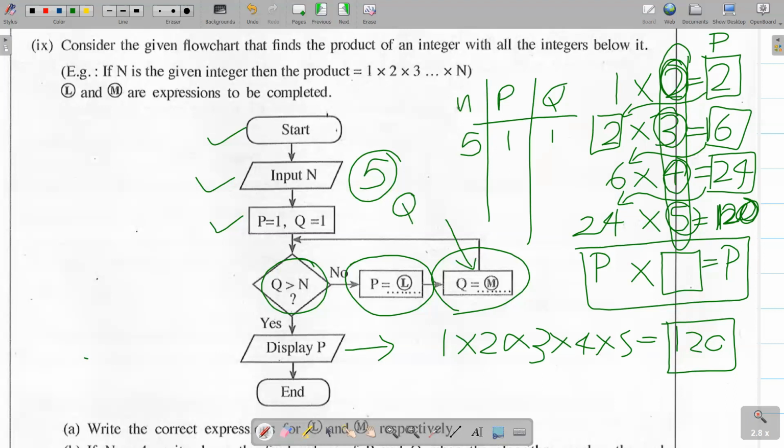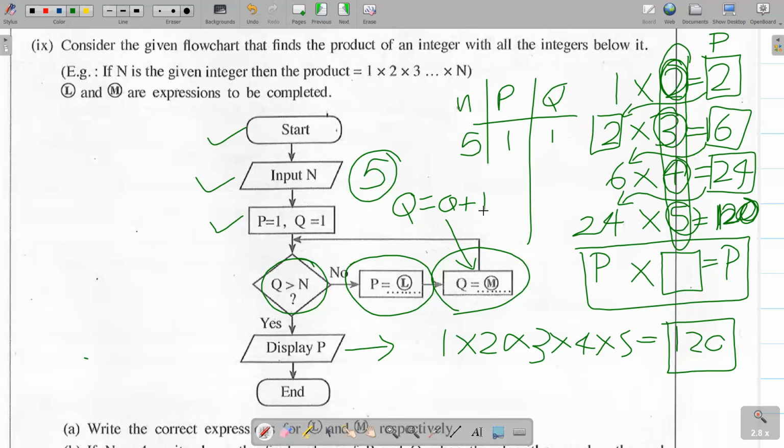Right? So in this box it's going to be Q equals Q plus M. I'm sorry, not Q plus M, Q equals Q plus 1, because it needs to be increased 1 by 1.